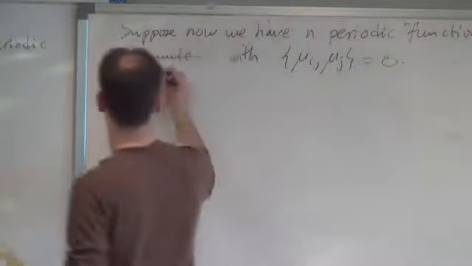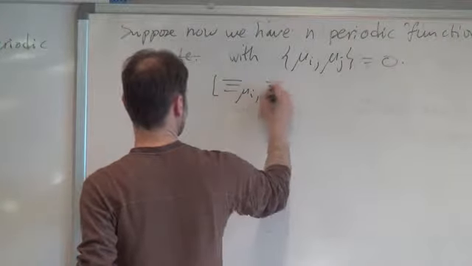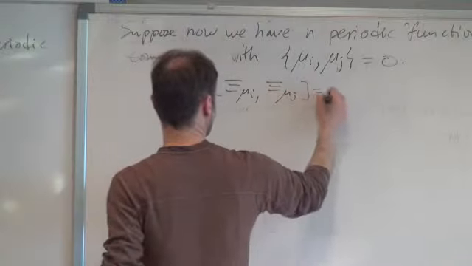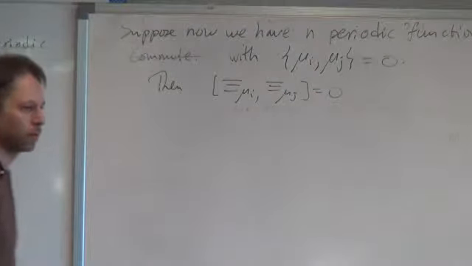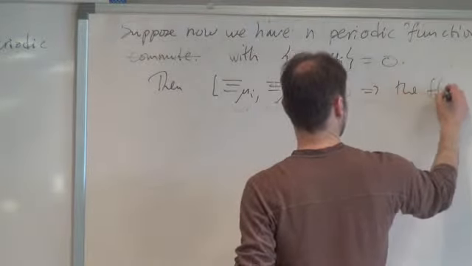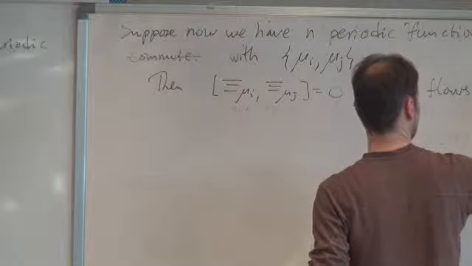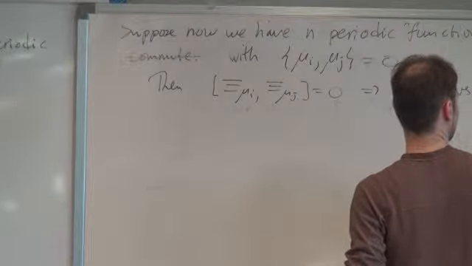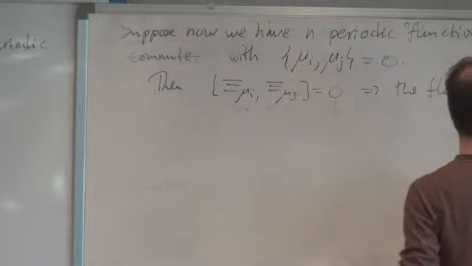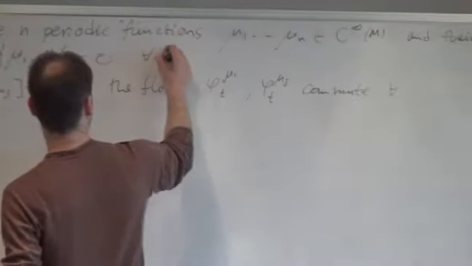Then the brackets of their Hamiltonian vector fields is 0. And that tells me that the flows commute, and this is for all i and j.